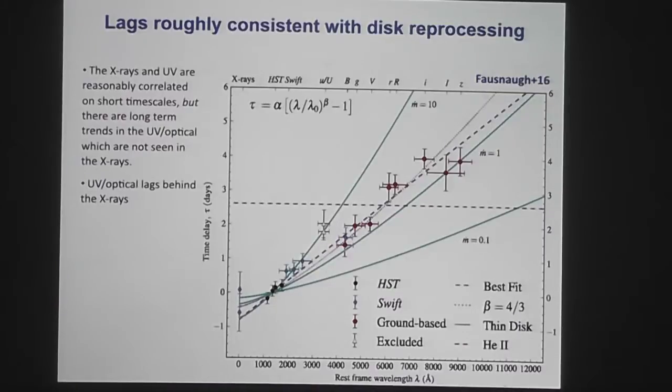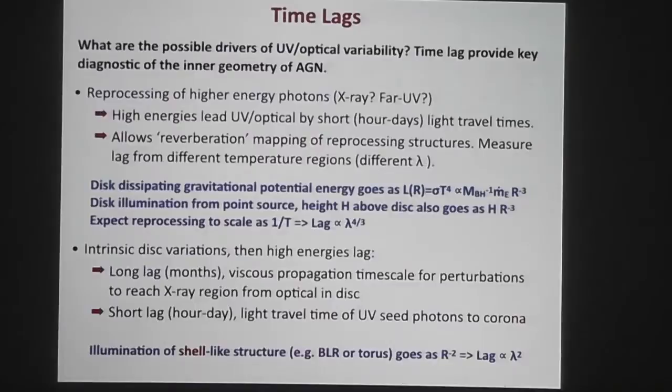And so we're thinking then that if we go back to here, either we're seeing dissipation in the potential, but the problem with that is potentially that the X-rays probably wouldn't drive this dissipation, right? The disk would probably behave by itself, maybe. And so the illumination from a point source seems like a more likely scenario, because that point source is the X-rays sitting above the disk, and it's preceding the lag in the UV.